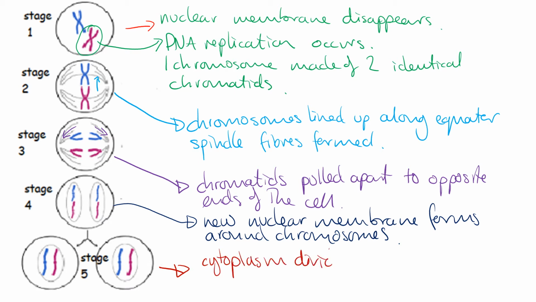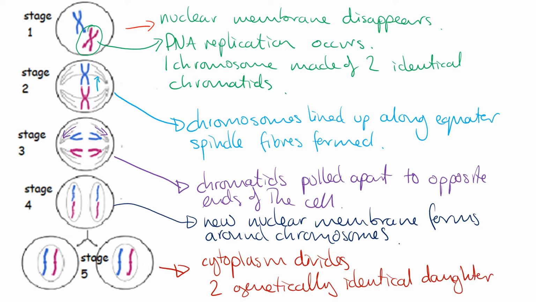And what do I have? I have two genetically identical daughter cells. These daughter cells have to be genetically identical to the original cell and each other so that they carry out the correct function, so that they function properly. Because if I was missing any genetic information, then I can't carry out the correct function, okay?